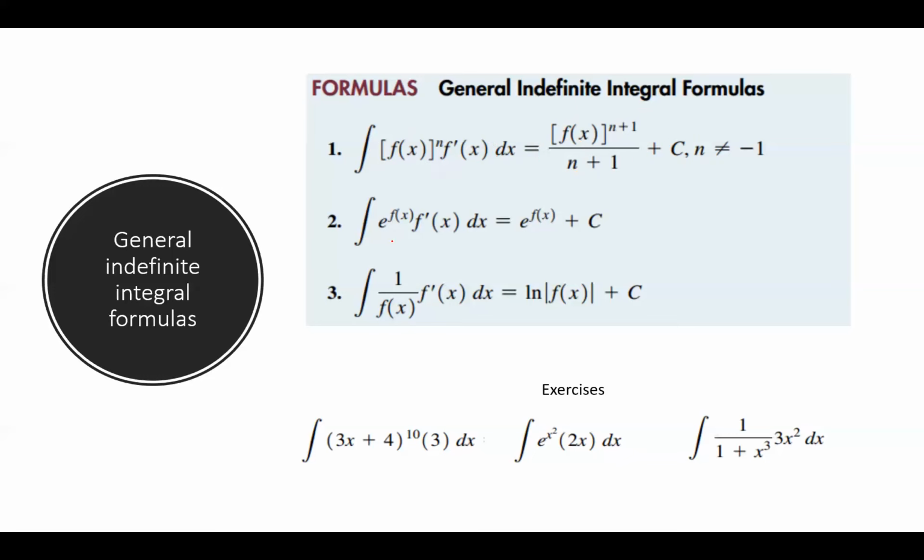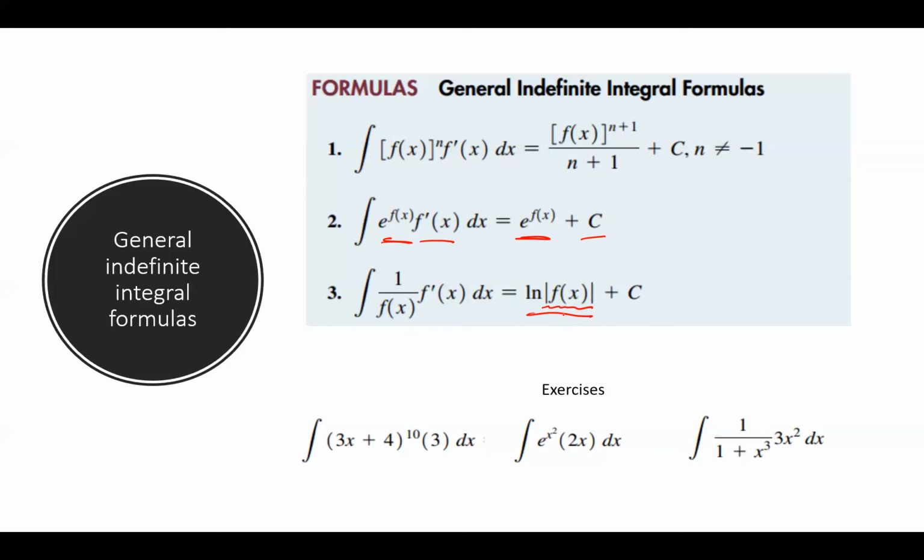Similarly, we have this exponential function with the additional derivative of the inner function. Then this is the raw function, what it looks like, plus a constant c. Similarly for the logarithm, just remember that we have this extra modulus operation here to ensure that whatever goes inside the logarithm function is positive.